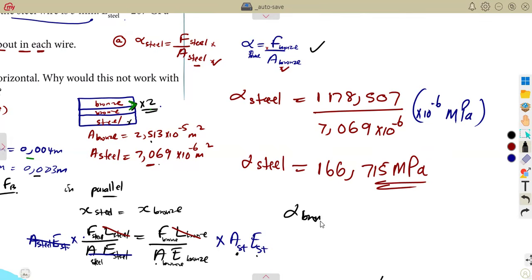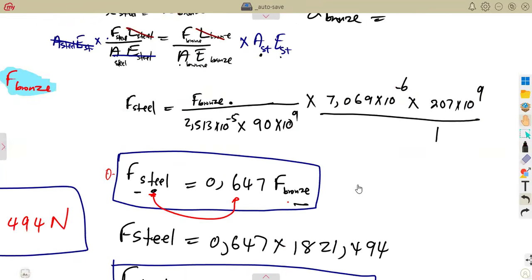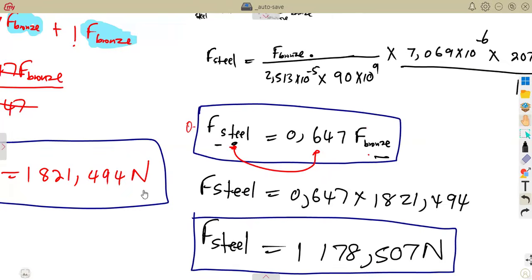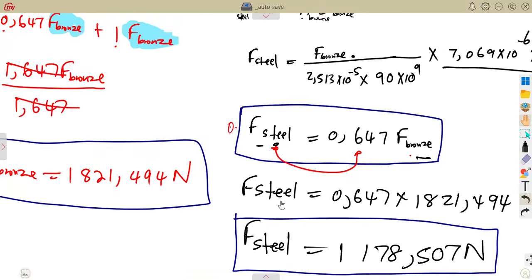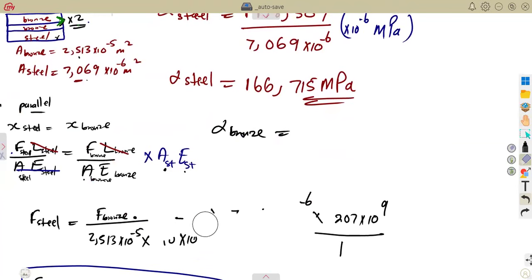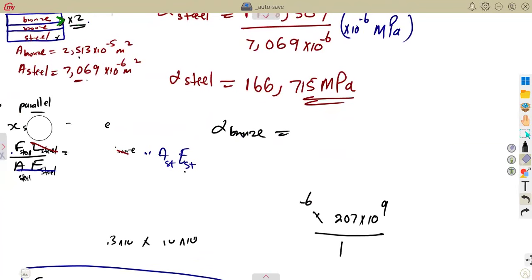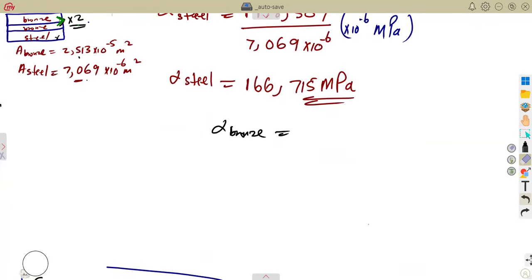So we saw that for the bronze, we need the force that is affecting the part of the bronze, as we had the force for the bronze, guys. Remember, it was 1,821. This one, we got this. Just going to substitute into this part. So let me just even remove this, guys. There's no need. We're done with this part. So you're going to substitute this. We've got the force for what? We've got the stress affecting the bronze.